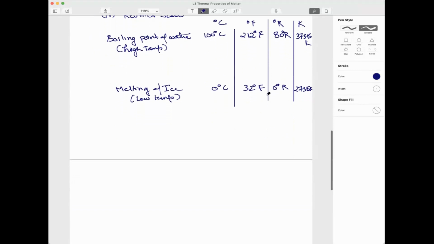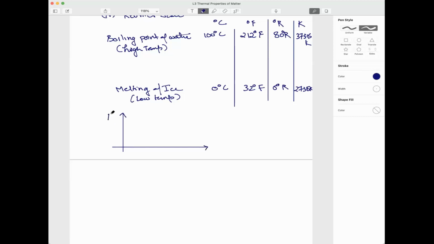Now we need to see how you can change from one temperature scale to another. Suppose the temperature is given in degree centigrade and you want it in degree Fahrenheit, how can you do that? The easiest way is to plot the two temperature scales.